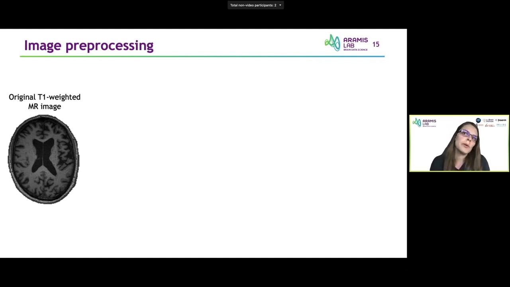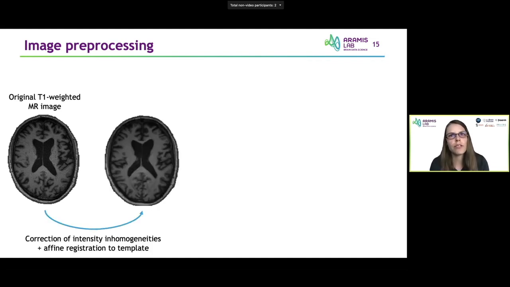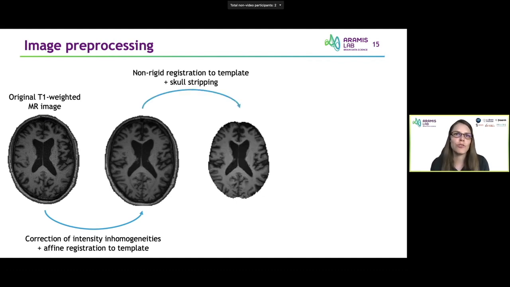You will also probably want to register your image to a template so that voxels in corresponding positions contain comparable information across subjects. To improve matching between your image and the template, you may want to perform non-rigid registration. Skull stripping could also be useful to prevent extracranial tissues from interfering with your analysis.